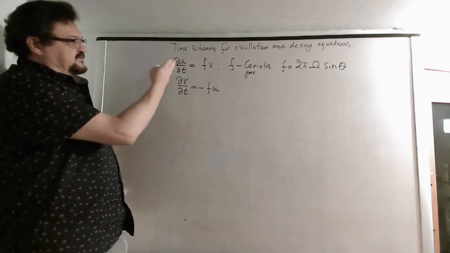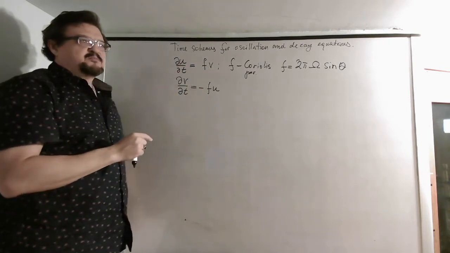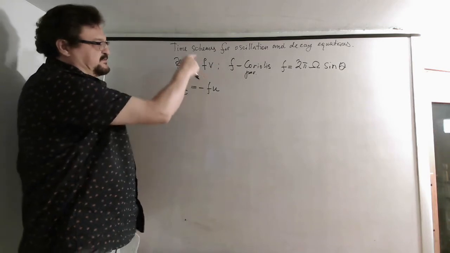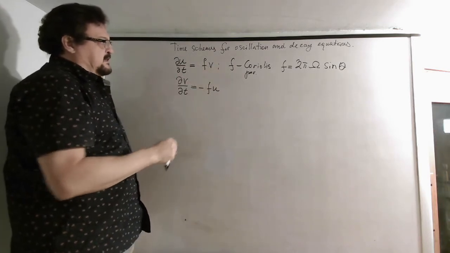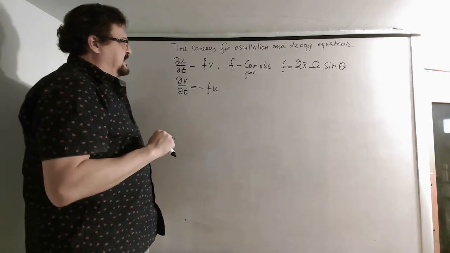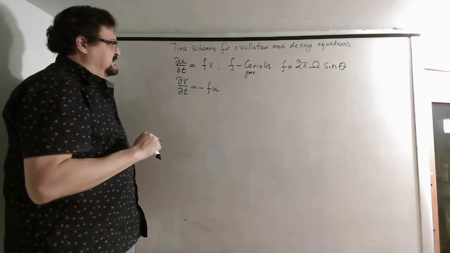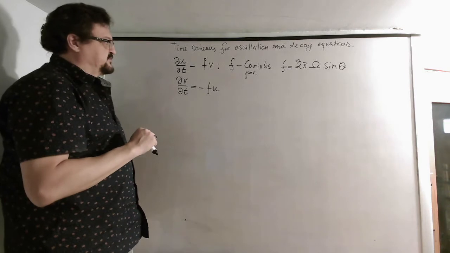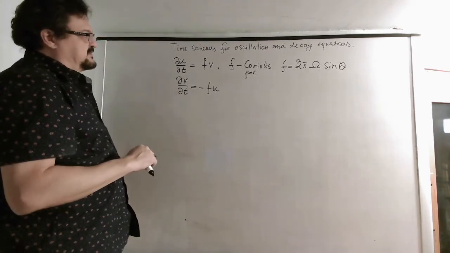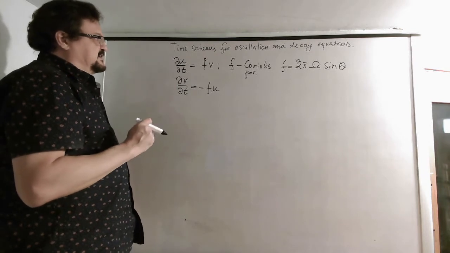So these are normal terms that appear in our dynamics equations together with some other terms, but we just consider these terms here by themselves, and we need to be very careful with those terms. So it's just an example of oscillations that can be caused by the Coriolis force.